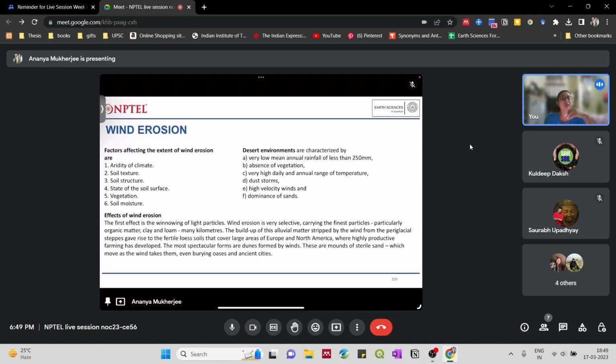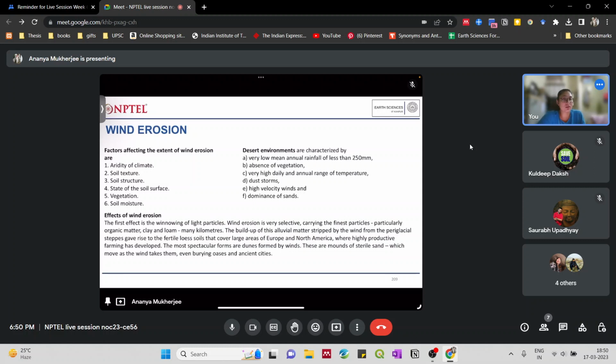These are the predominant depositional landform created by the sediments brought by the winds after erosion and transportation. And these can move also, they can get built upon, or they can shift from one place to another depending on how the wind is moving in an area.